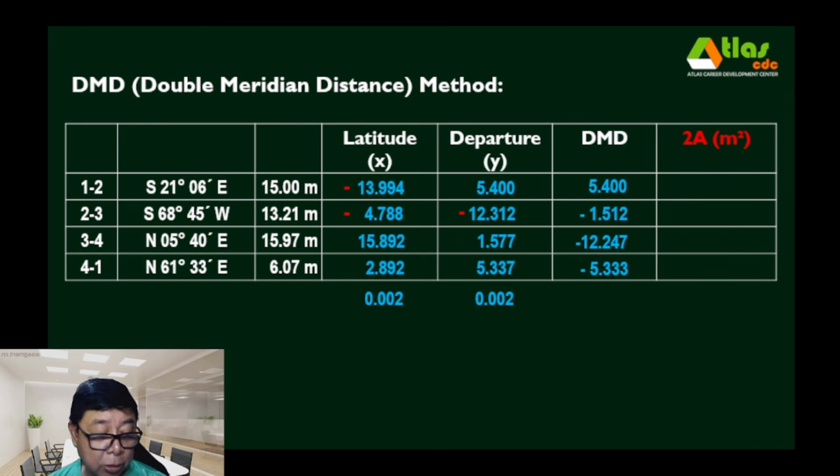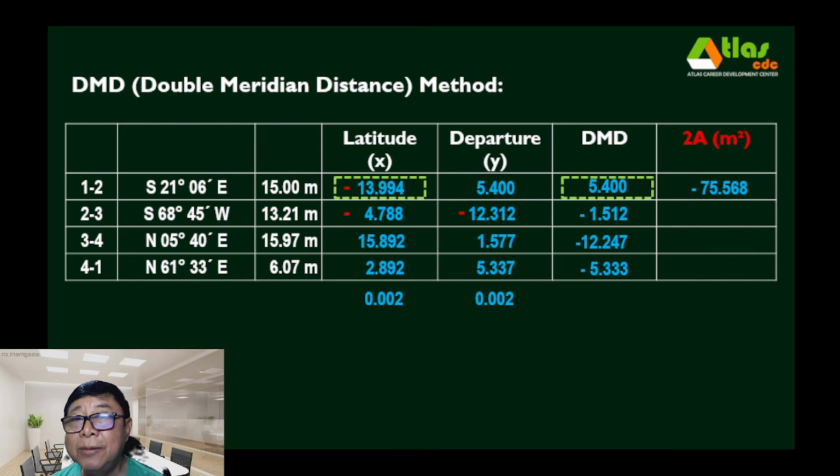So our DMD of positive 5.4 multiplied by negative 13.994 will give you a negative value, because positive times negative is negative. So that will be negative 75.568.